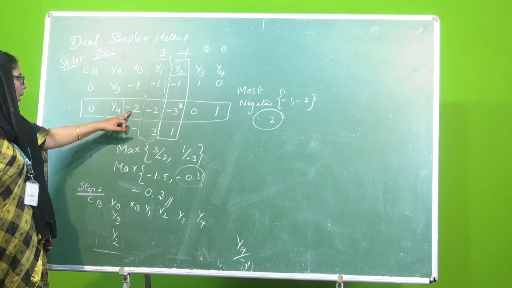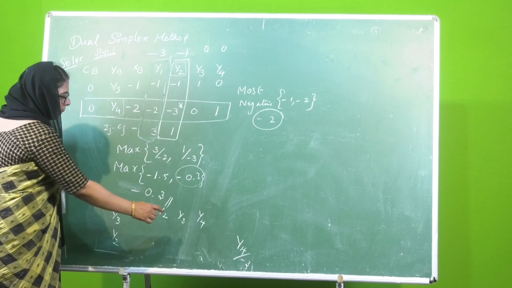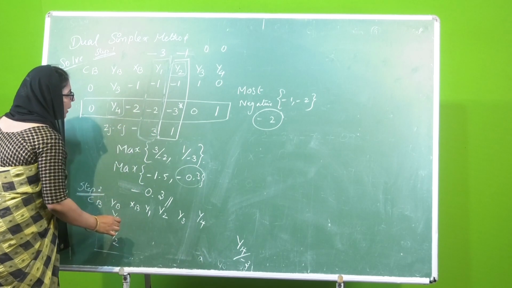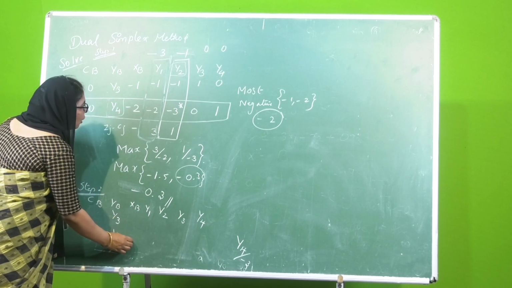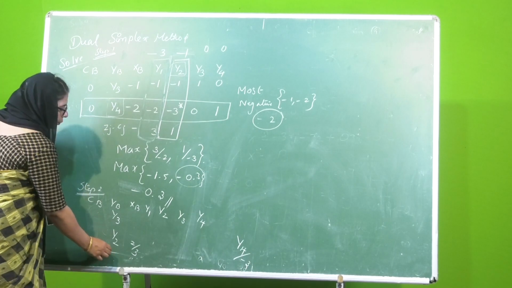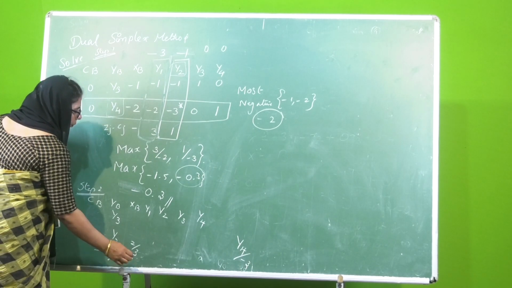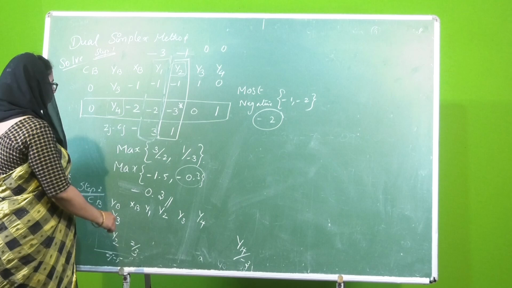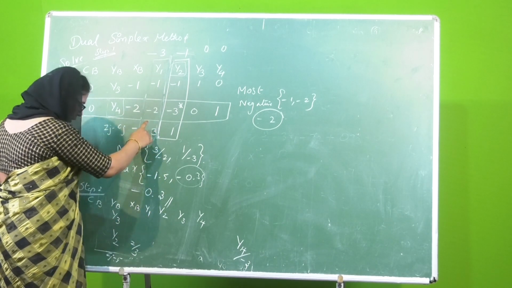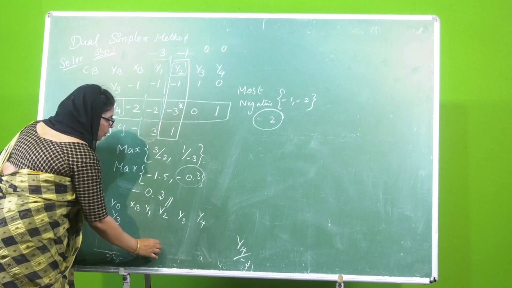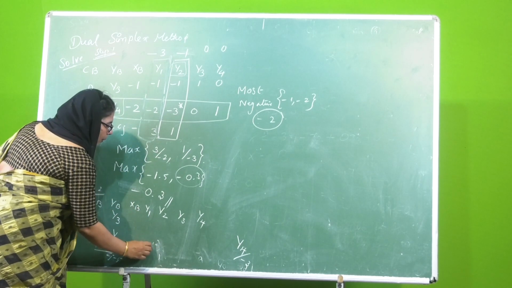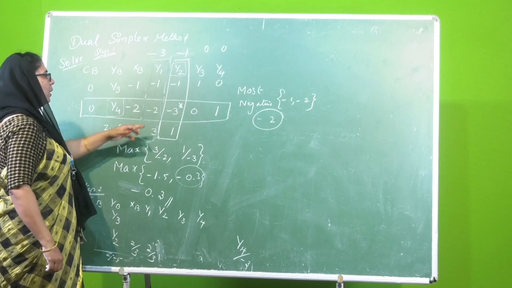So minus 2 divided by minus 3 is 2 by 3. Plus 2 by 3 also gets the same value, minus 2 by 3, 2 by 3, 1.